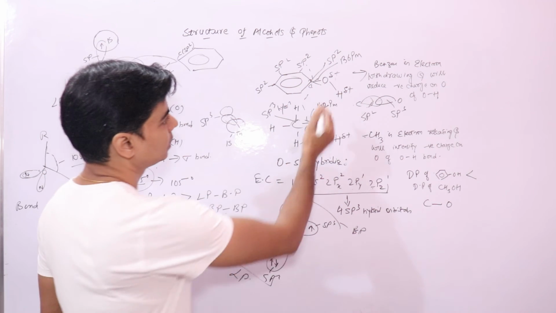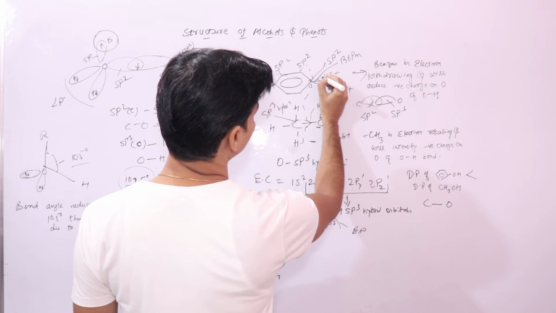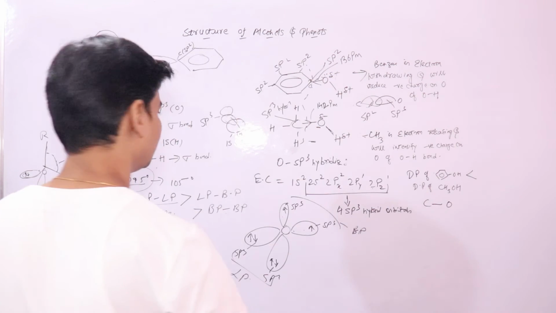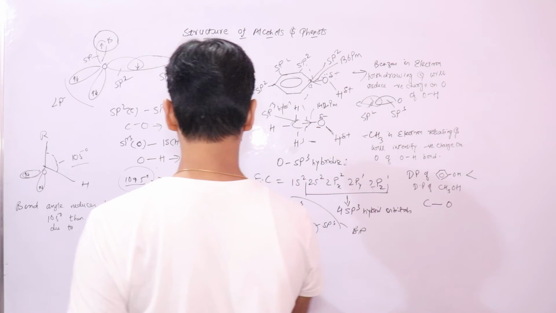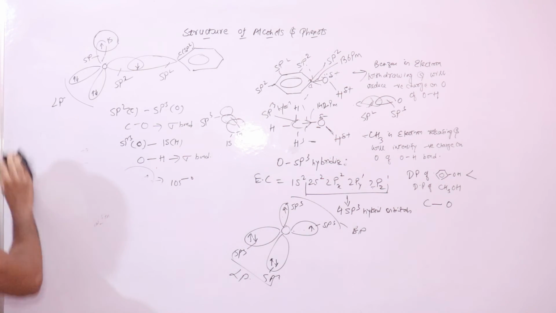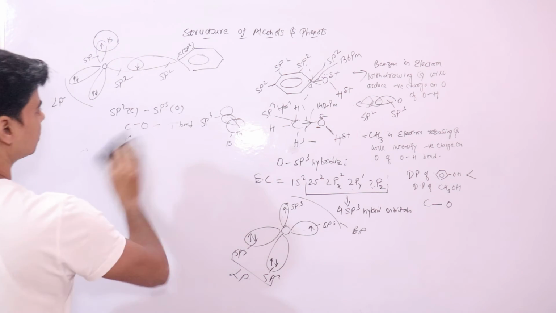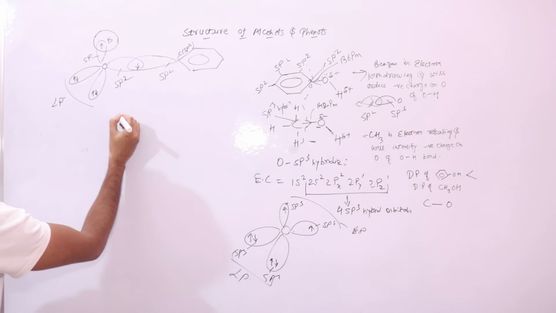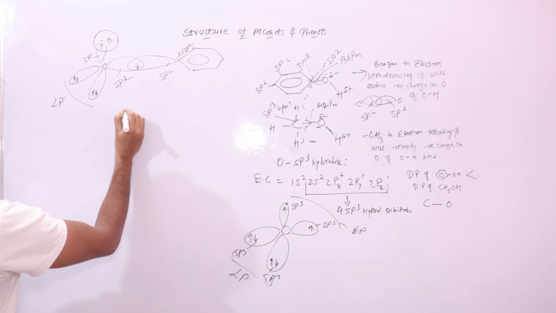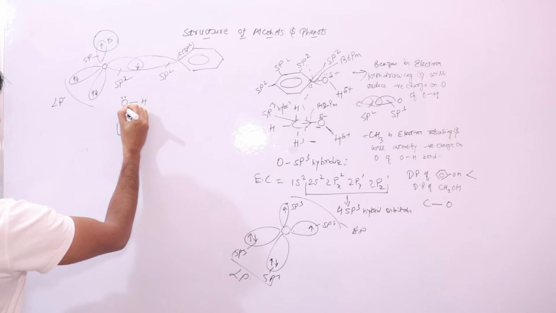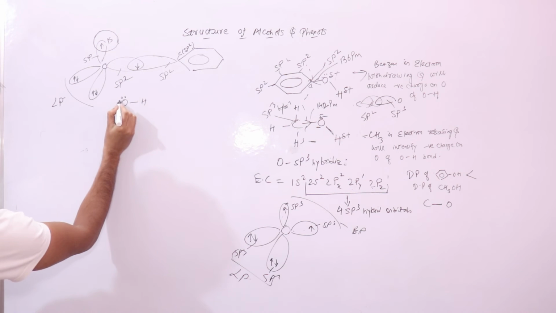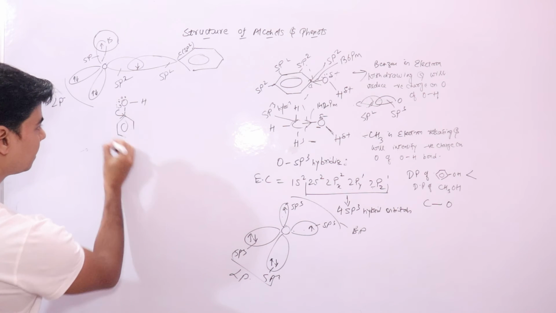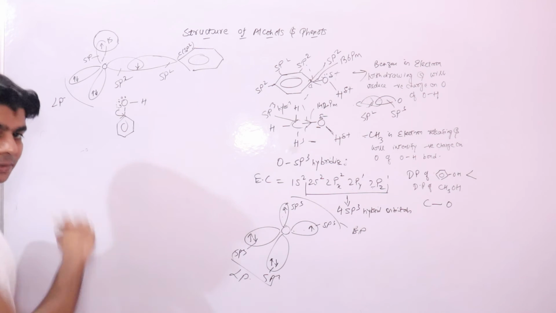The reason is, we know that oxygen has lone pair of electrons, right? Let me just show it. If we look at this phenol molecule, the lone pair on oxygen atom enters into resonance or conjugation with this benzene ring, right?